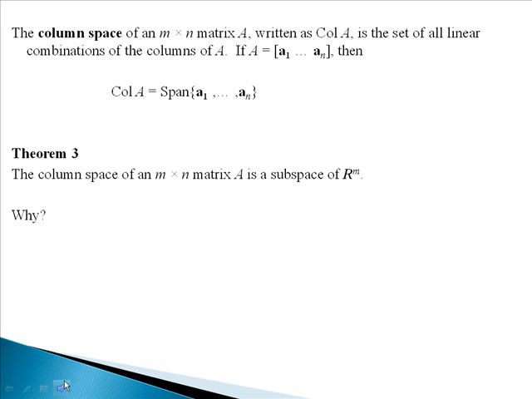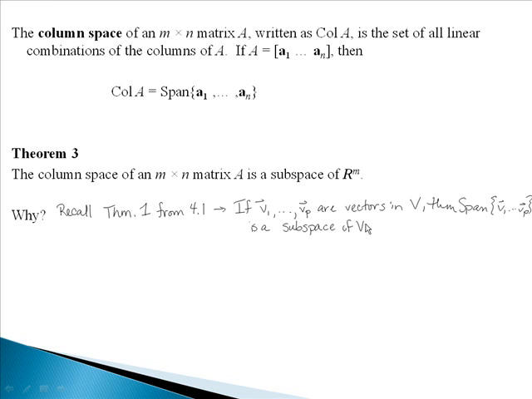You may ask why. We want to recall Theorem 1 from the previous section, section 4.1. This theorem said that if vectors v1 through vp are vectors in our space V, then the span of those vectors is a subspace of V. Since the column space is equal to the span, the column space is also a subspace.